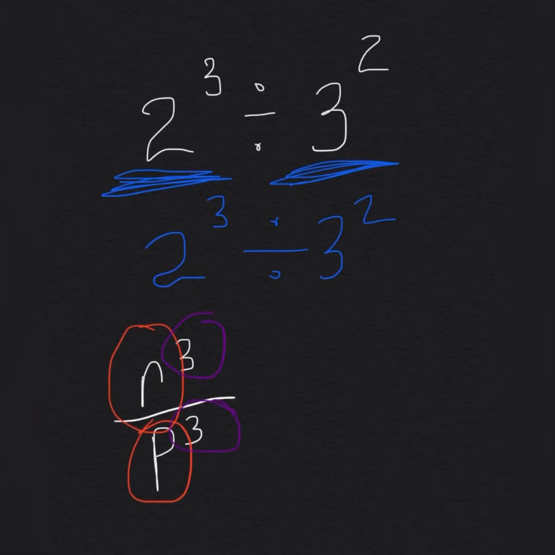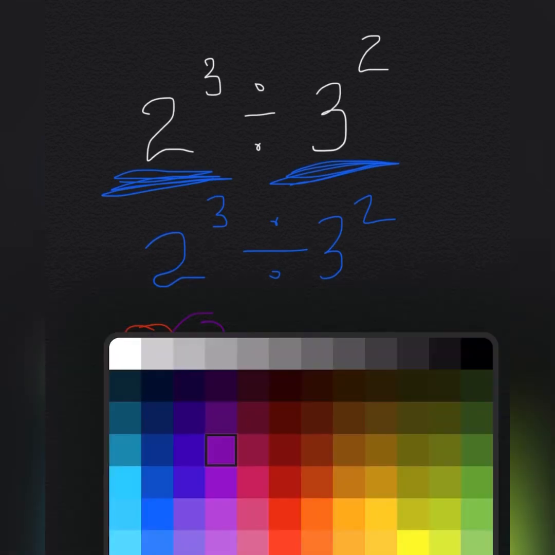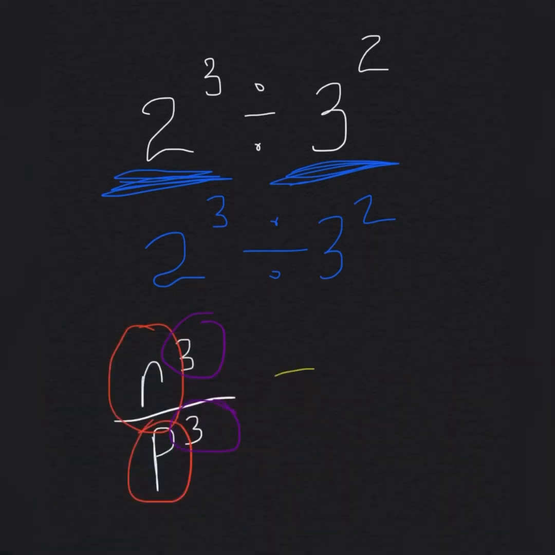So even though the indices are the same, we have to focus on whether the bases are similar. And the bases in this case are not the same. So we're not looking at the fact that the indices are the same. The bases are different, so there's nothing that we can do to simplify it. So we have to write it back as is. So here the answer would be r to the third power over p to the third power.